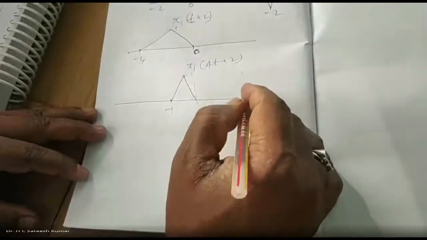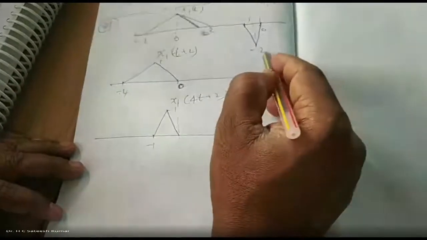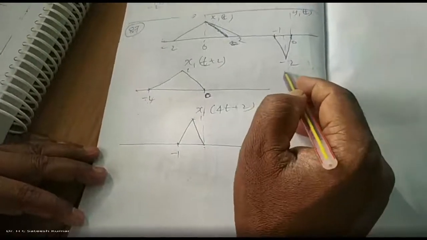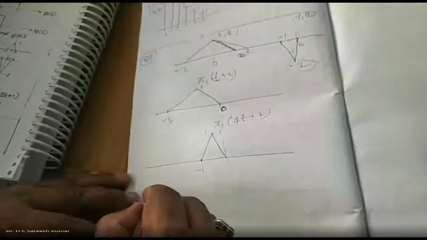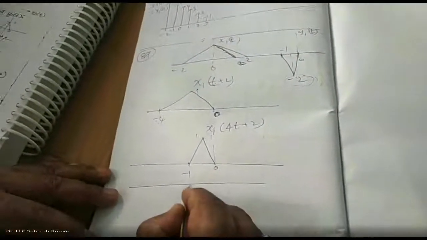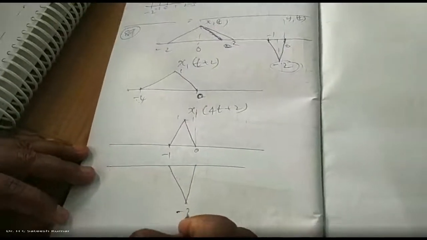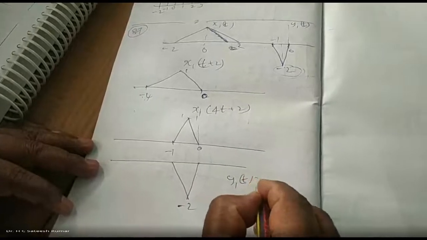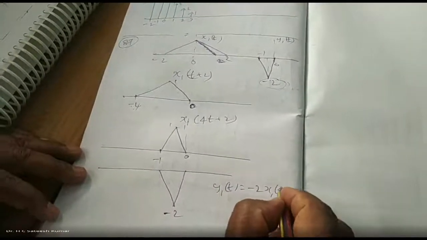Now, what is that? I need vertical folding and amplitude scaling, because the amplitude is also minus 2. So simultaneously, I want an amplitude of minus 2. This amplitude is 1, multiply by minus 2. So you will get the amplitude as minus 2. Therefore, y1 of t is equal to minus 2 into x1 of 4t plus 2.